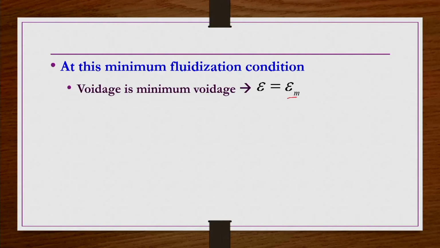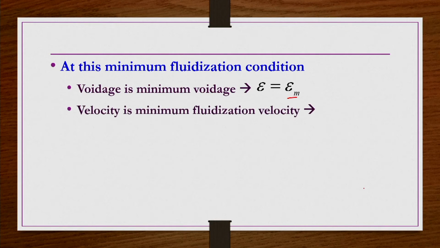So, that we write epsilon m, and the velocity is the minimum fluidization velocity, where V naught bar we replace by V naught m bar, right.